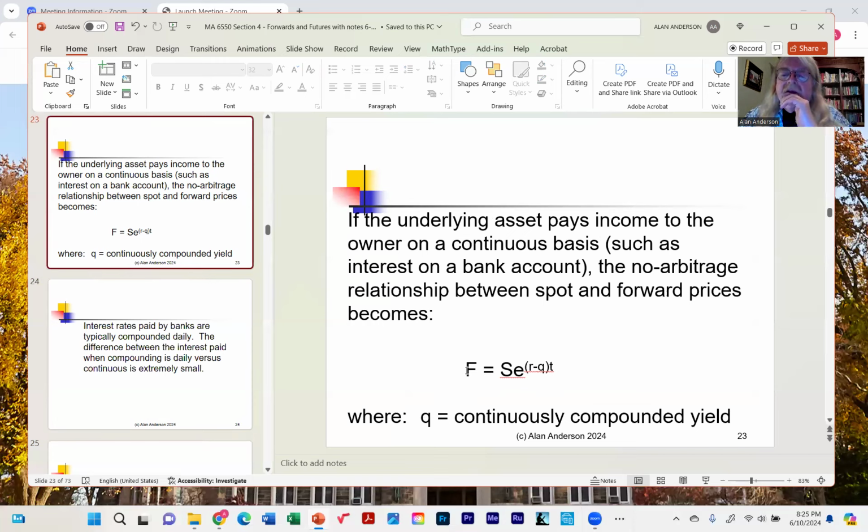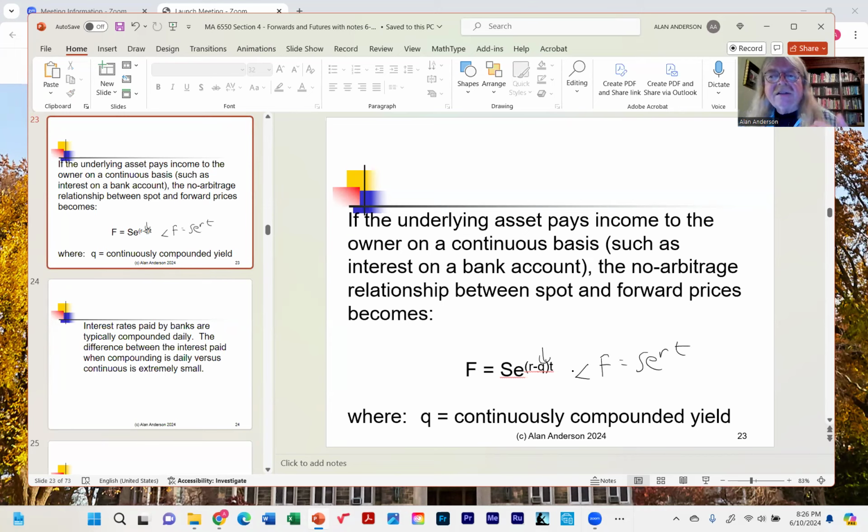Okay, so if this is happening, that means we have to take this into account in this formula, because here's the thing. If I keep my funds in a foreign bank, I can earn a rate of interest. But if I hold a forward contract, I'm not earning that rate of interest. So the fact that I'm losing that opportunity is reflected in this equation where, if you notice, I'm subtracting Q, which reduces the value of my position.